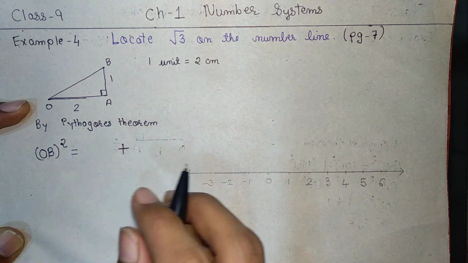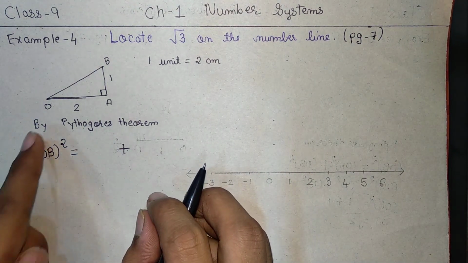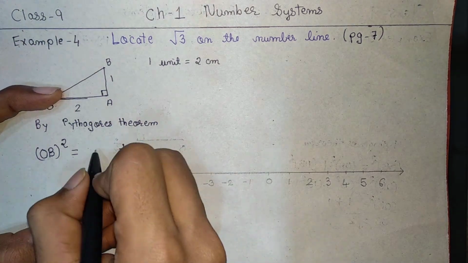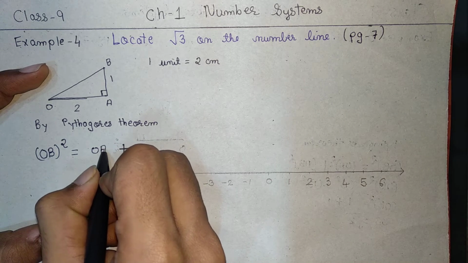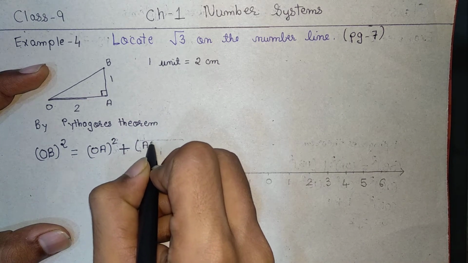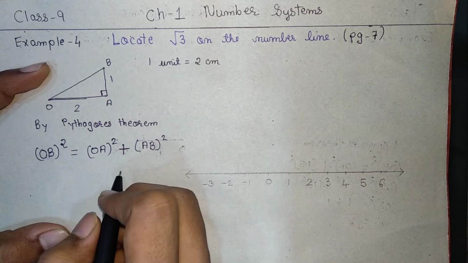The other two sides are OA and AB, so we have to take the square of both: OA square and AB square. So this is our Pythagoras theorem.